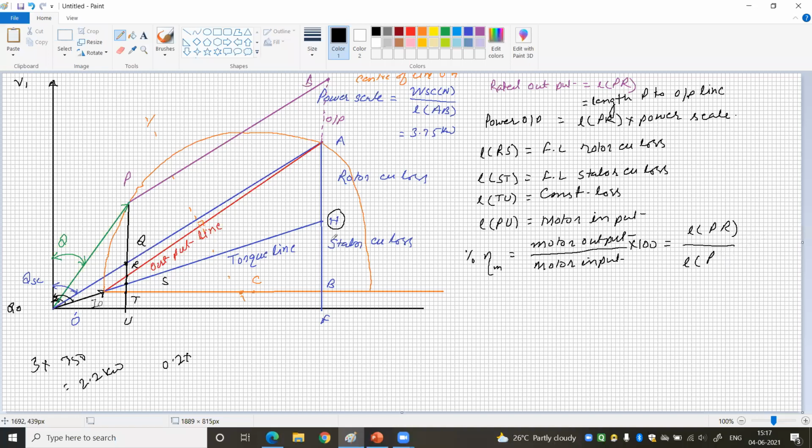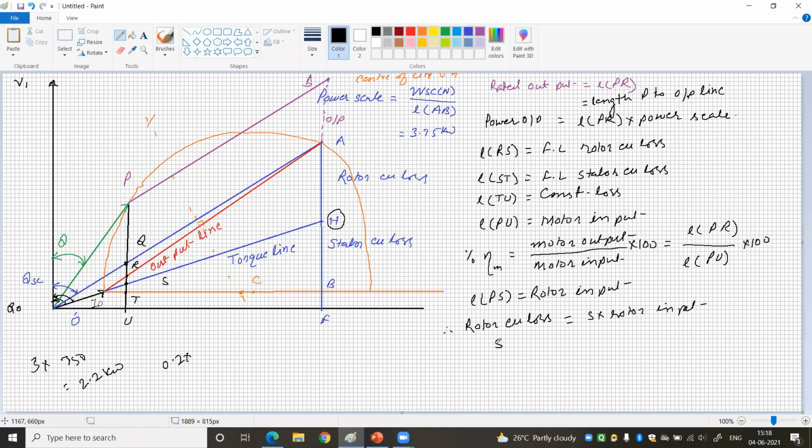Now once we know this, this is the rotor copper loss. So we can say that length PS is equal to the rotor input. As you know the copper losses, you know the rotor input. Therefore, rotor copper loss is equal to S into rotor input.